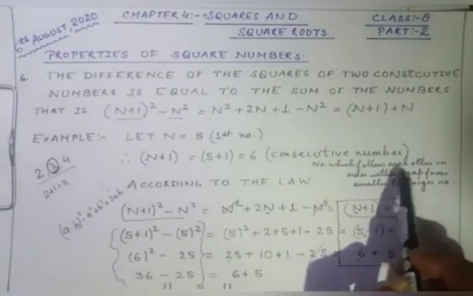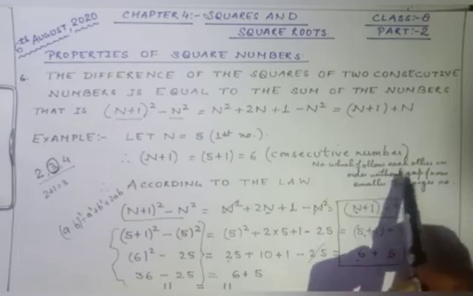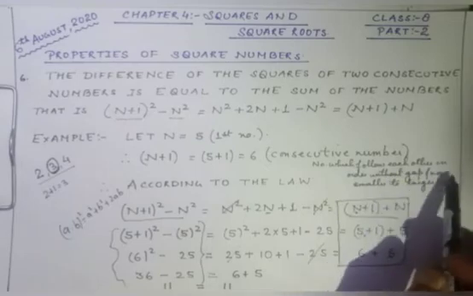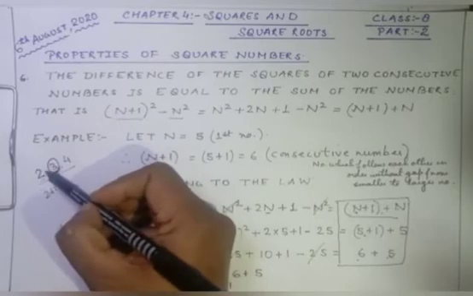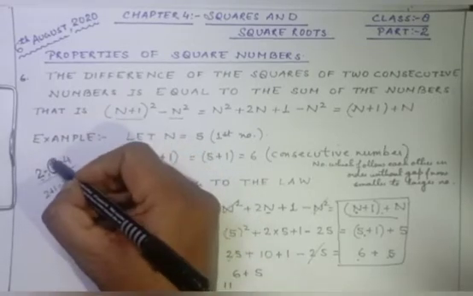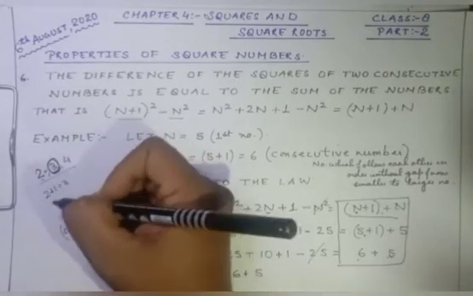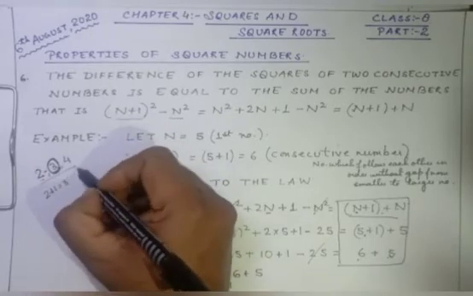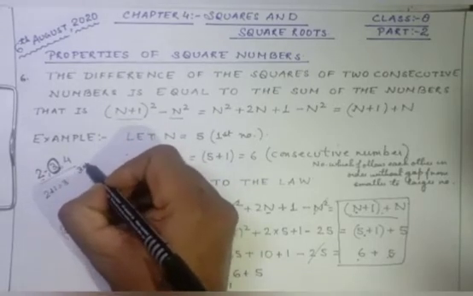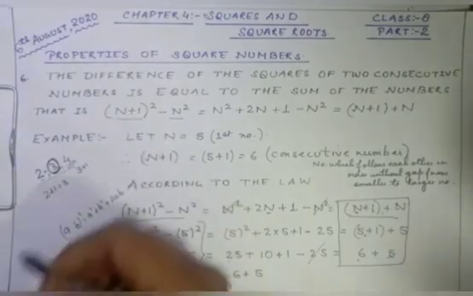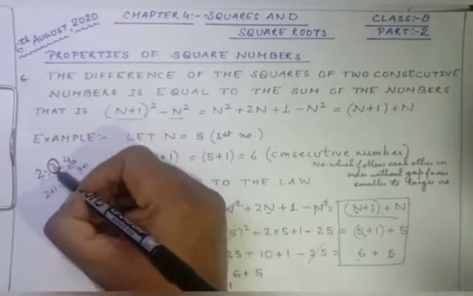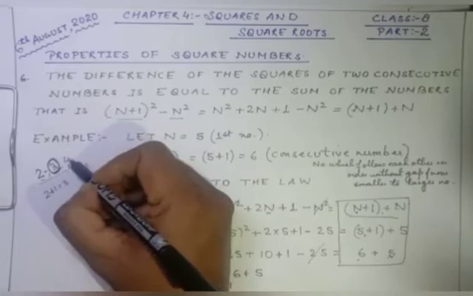Numbers which follow each other in order without gap, from smaller to larger. If I have to find the consecutive number of 3, I simply add 1 to the given number. So 3 plus 1 is equal to 4. So I have got the consecutive of 3, that is 4.